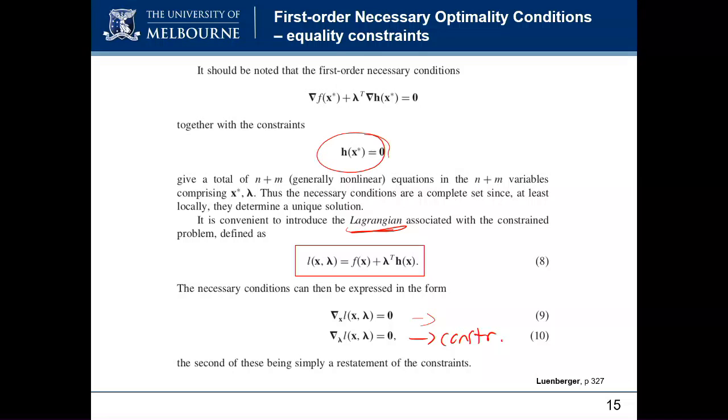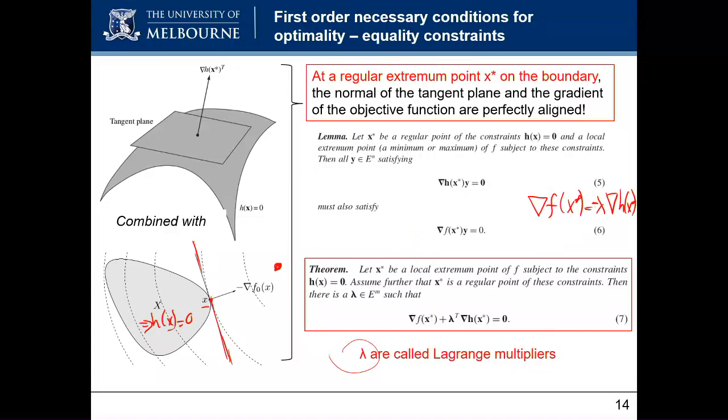But I thought this whole story about the alignment between the tangent planes, and therefore the alignment of their normals, gives you an intuition of what is going on.